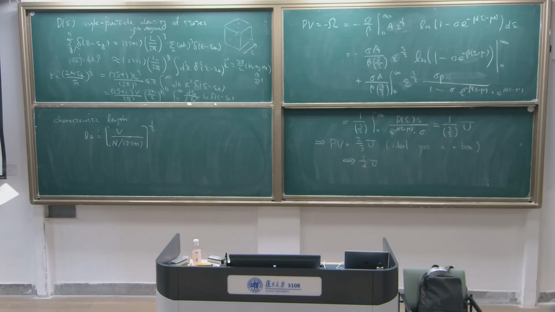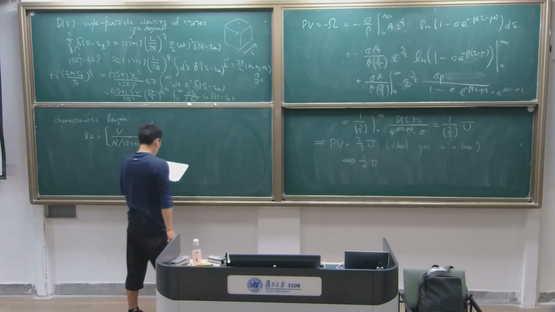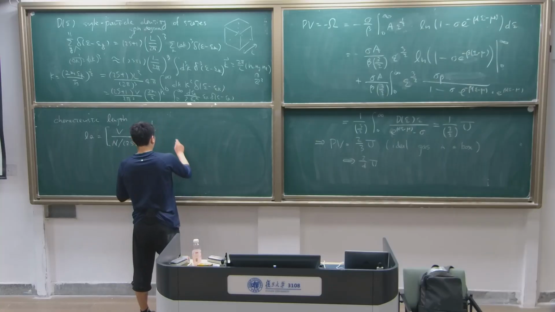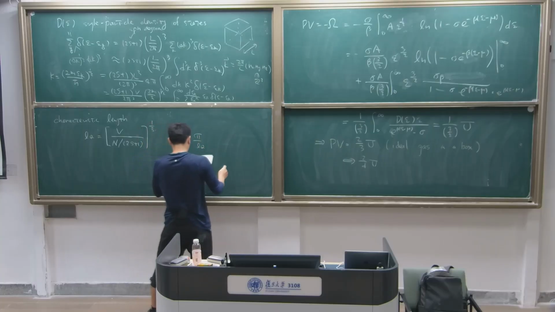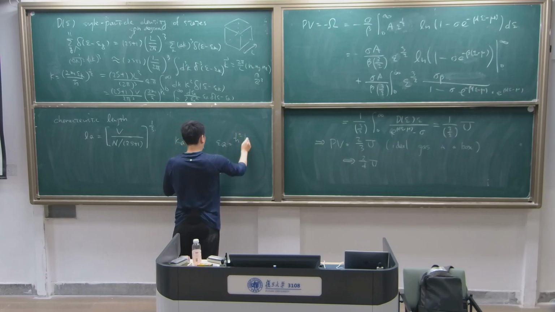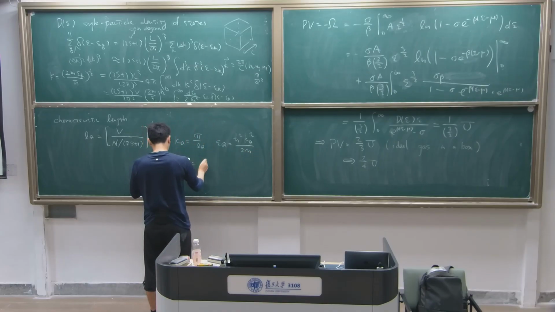So this is the characteristic length scale, and then k_Q is pi over L_Q. And then epsilon_Q is h-bar squared k_Q squared divided by m, and temperature T_Q is epsilon_Q divided by k.